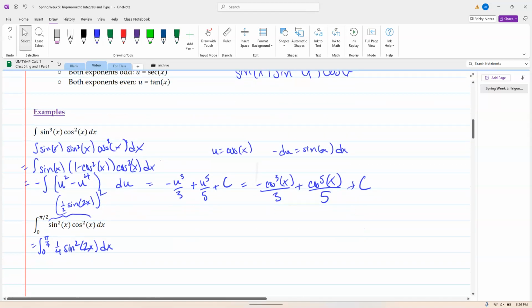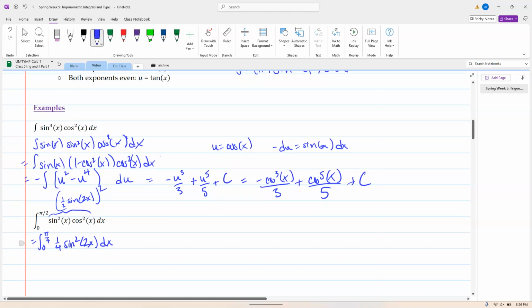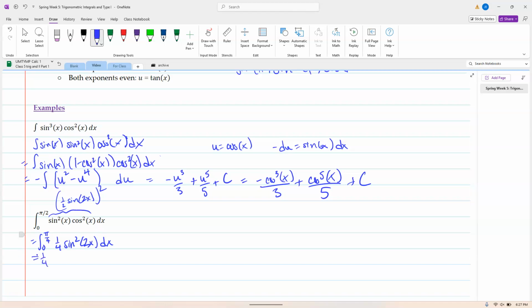I'm going to say that the 1/4 I could actually pull out in front. So I'd have 1/4, integral 0 to pi over 2. That should be pi over 2, my bad. And then this would be 1 minus cosine of 4x all over 2 dx.